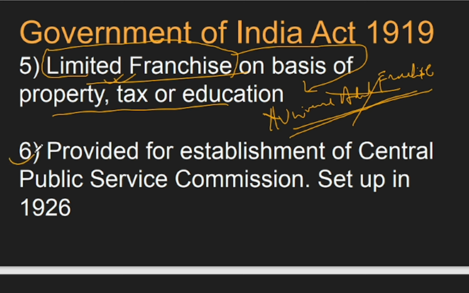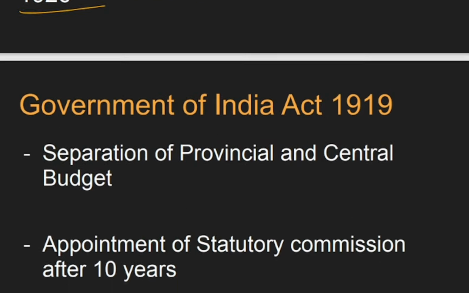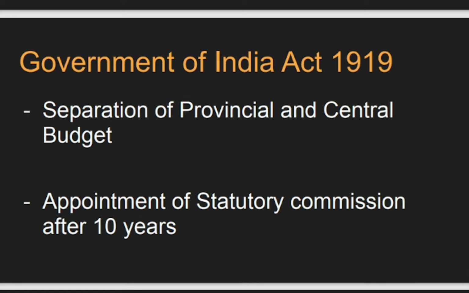Now, the sixth point says that it provided for the establishment of the Central Public Service Commission, and it was set up in 1926. So for the first time through this act, the Central Public Service Commission came in India. Another important point is that there was separation of provincial and central budget.